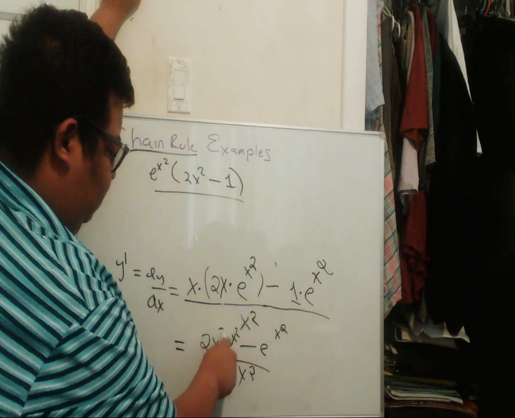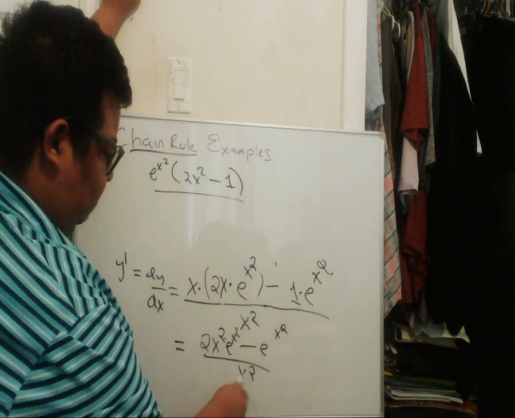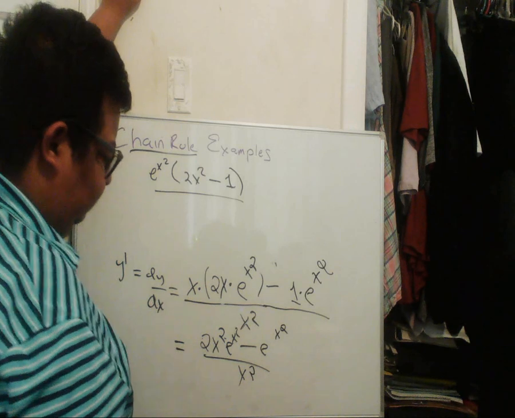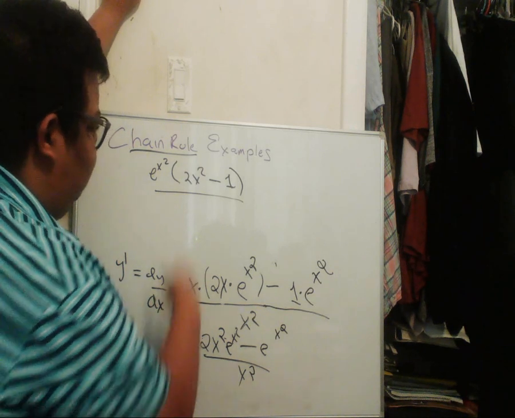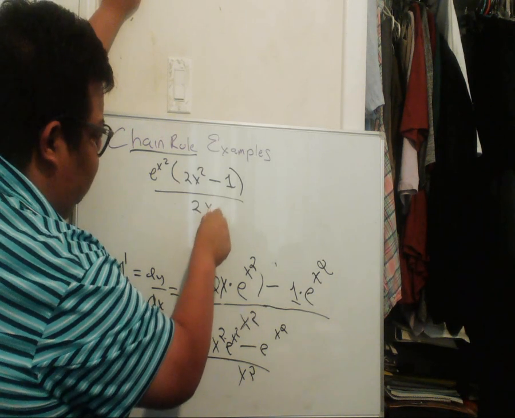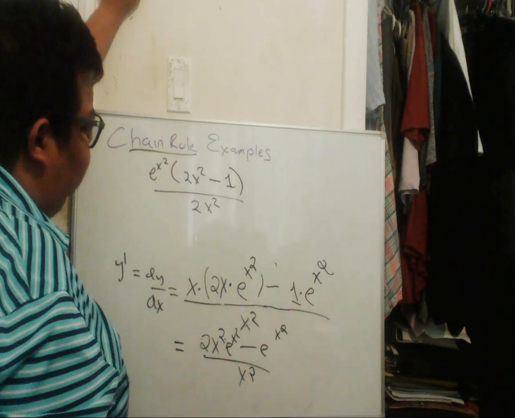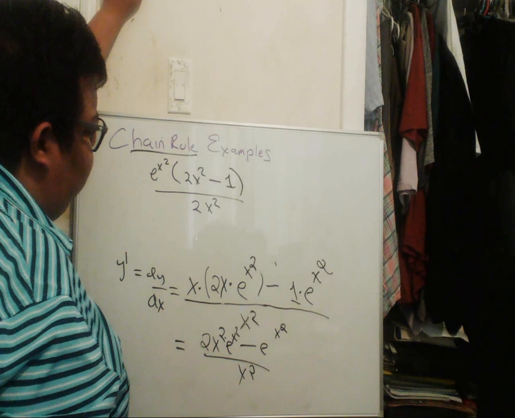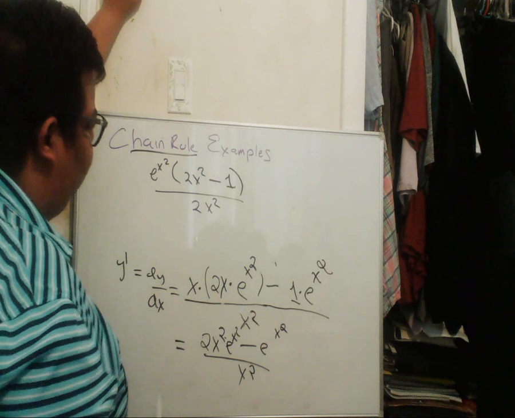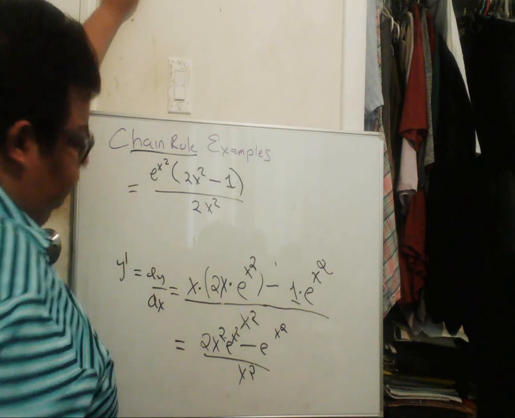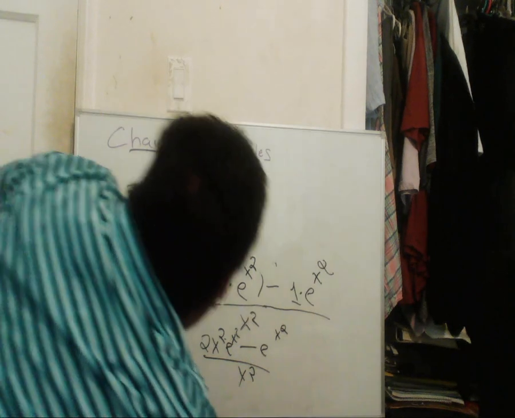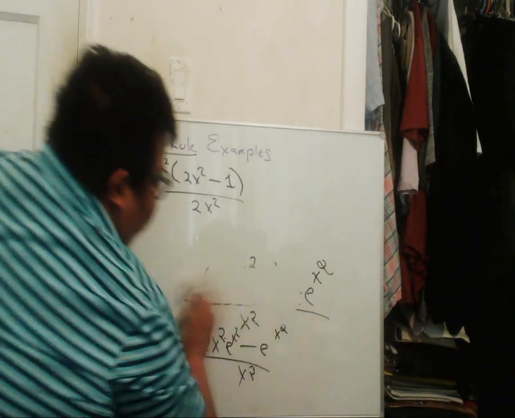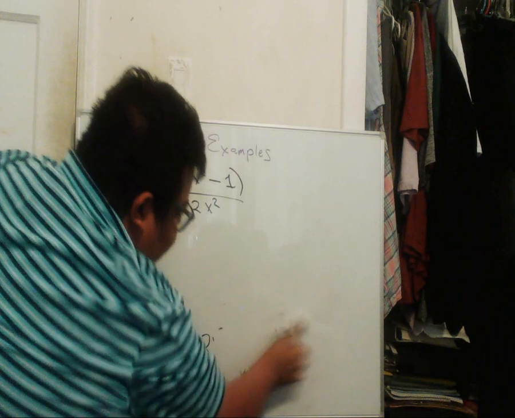Now we simplify it: 2x, and this was x squared. We can further simplify this as follows.